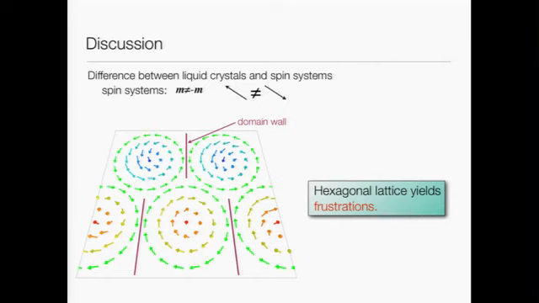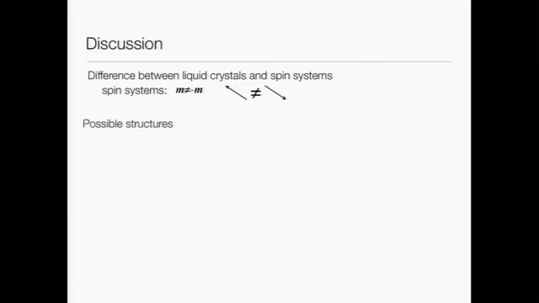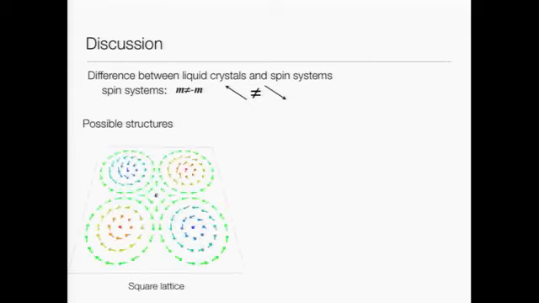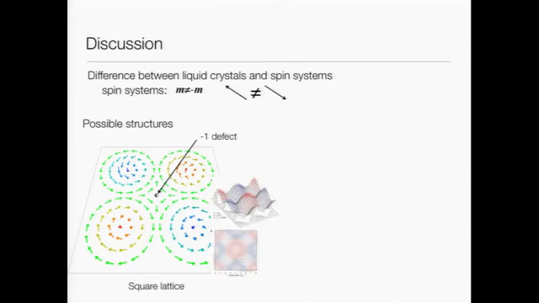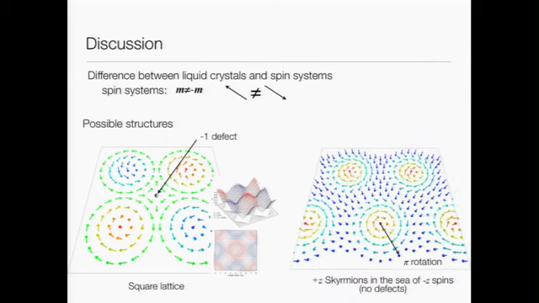Then what kind of structures are possible in spin systems? I present them in this page. One is a square lattice of skyrmion excitations, and in this case domain walls are absent, and we just have to introduce -1 defects in the center of the system. This is what was discussed in a previous paper, predicting a square lattice of skyrmion excitations.